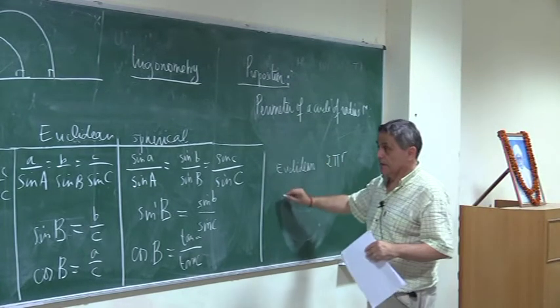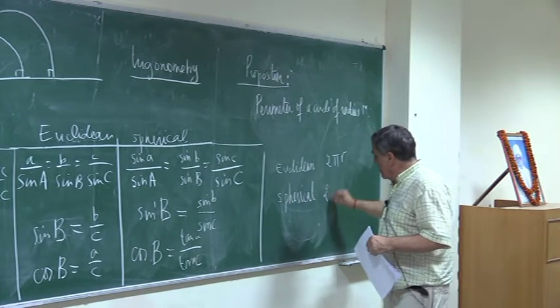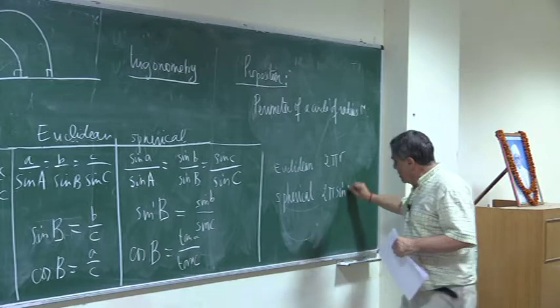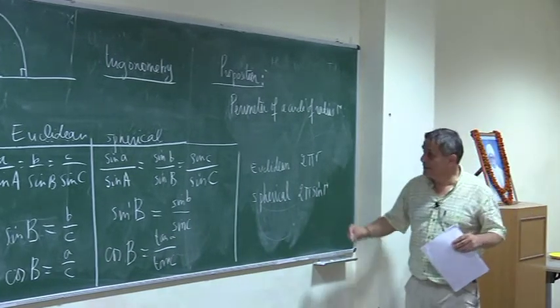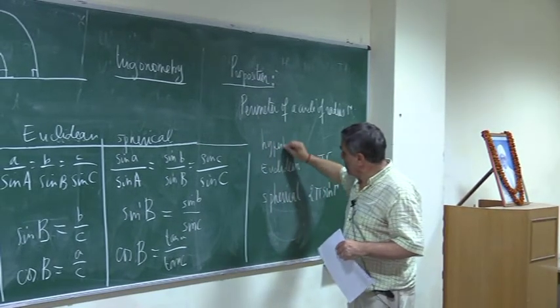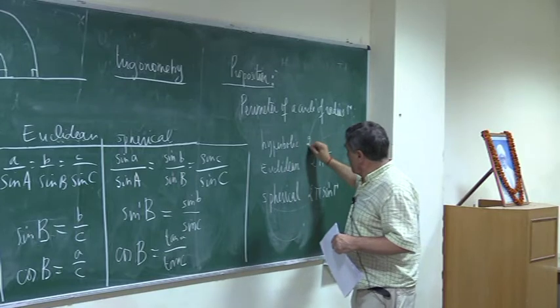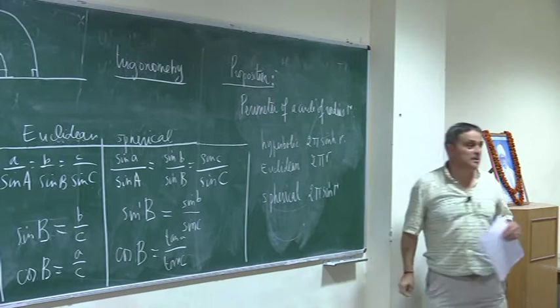In the spherical case it is 2 pi sine of r. In the hyperbolic, it is 2 pi sinh of r. So now you understand this.